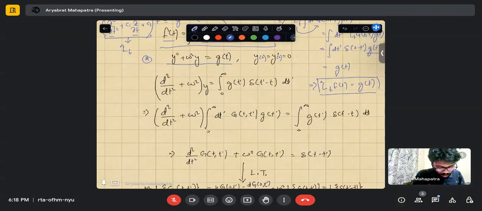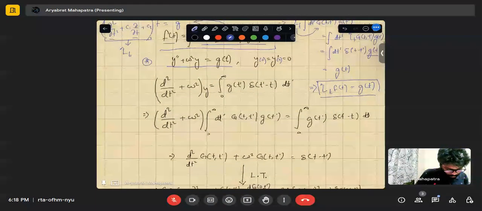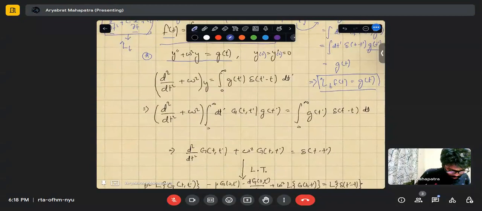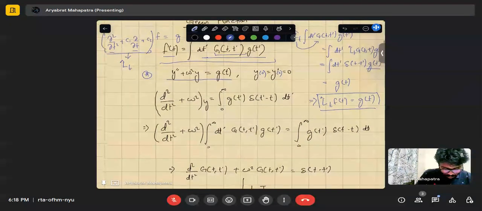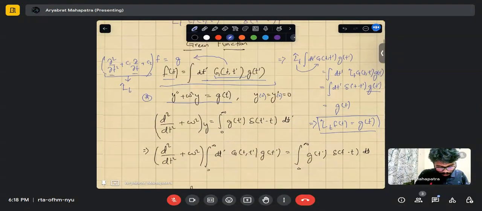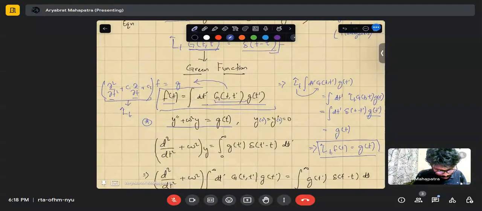First, you write your differential equation. One way to say it is that you pick an answer like this with the help of the green function in it, that is g of t prime inside this integral, and you put it in your differential equation and you will find what the form of the green function is. Once you find the form, you get your solution.